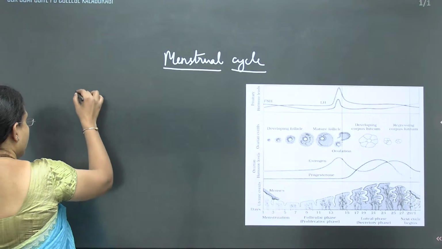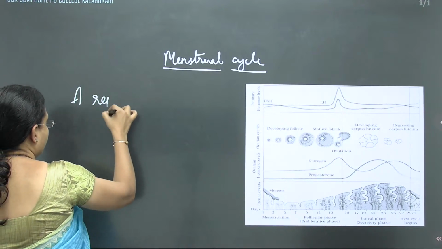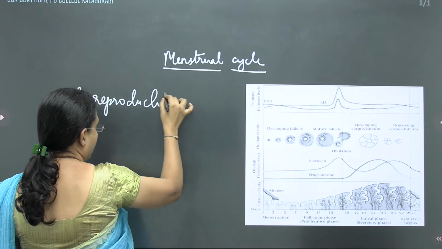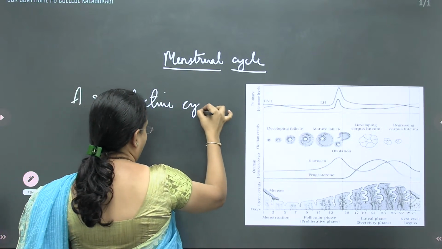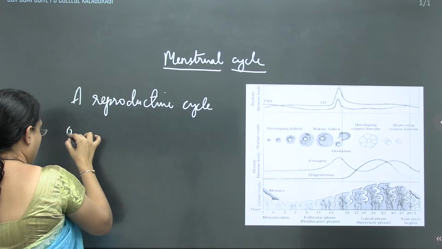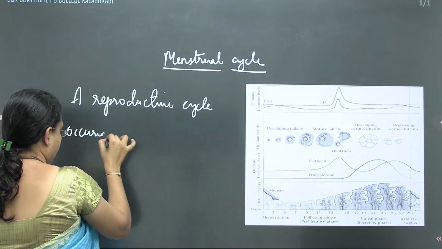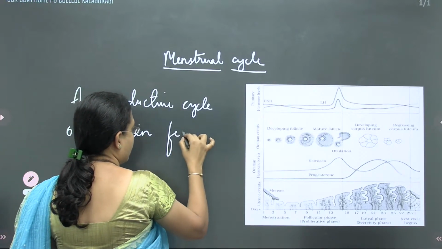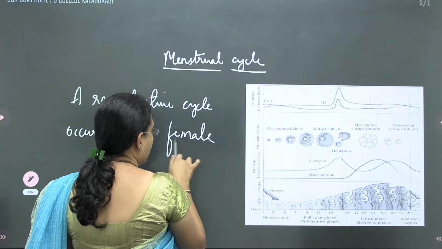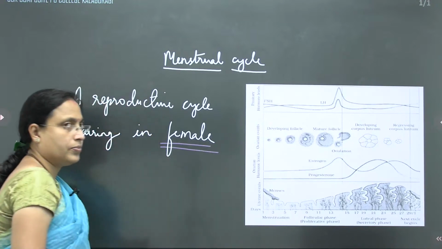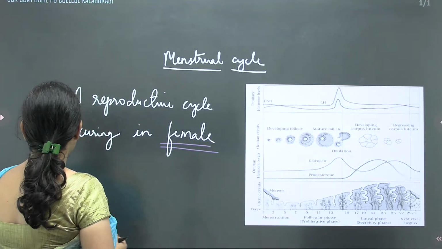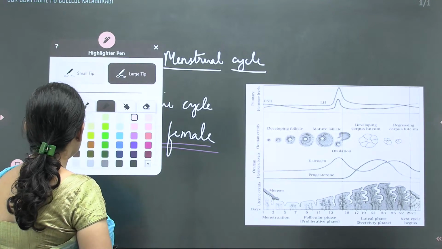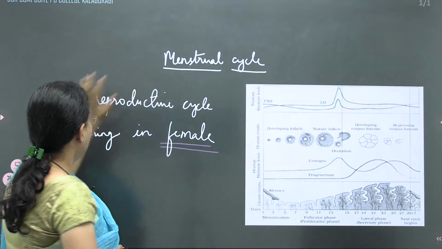It is a reproductive cycle occurring in females. You should know that menstrual cycle is a female property.